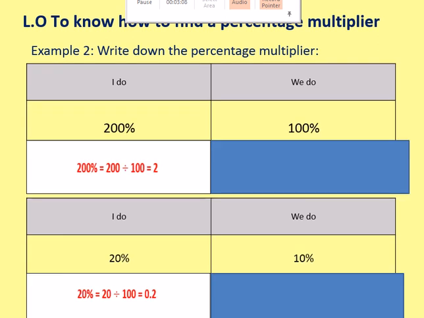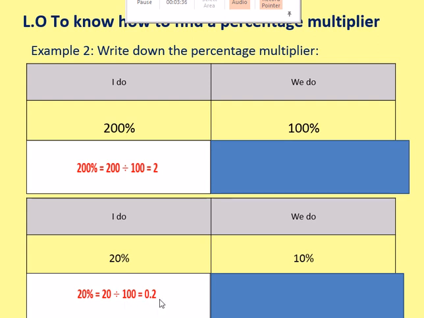Okay, so again, we're writing down the percentage multiplier. So this time we've got 200%. So again, we do 200 divided by 100, and that equals 2. So the percentage multiplier for 200% is 2. And looking below, for 20%, we take 20, divide it by 100, and we get an answer of 0.2.